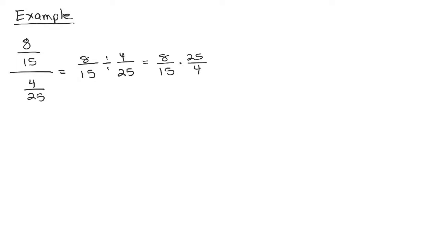All right, so now we're down to multiplying two fractions, and so we use our rules for that. I'm going to do this by canceling. 4 divided by 4 is 1, and 8 divided by 4 is 2, so I divided each of those by 4. For 15 and 25, I could divide both by 5. So 15 divided by 5 is 3. 25 divided by 5 is 5.